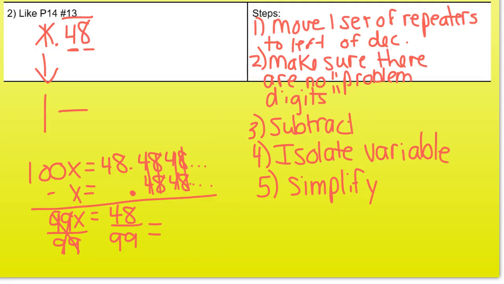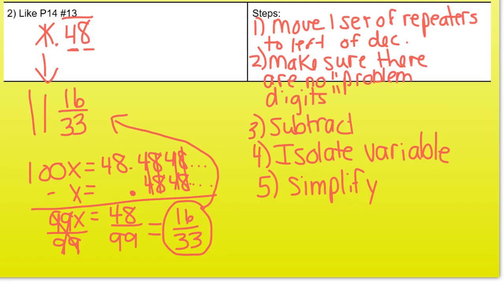Let me try that again. 16 over 33. And then I'm going to combine so that I have 1 and 16 over 33. All right, why don't you pause me and get caught up at this point?